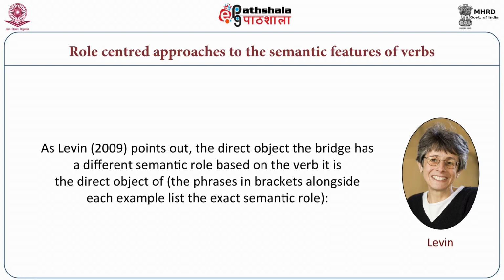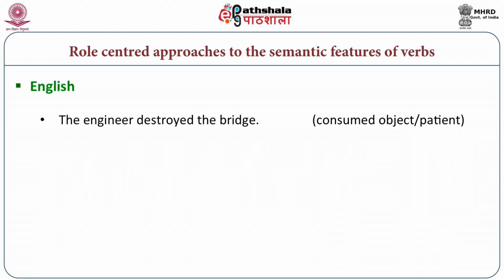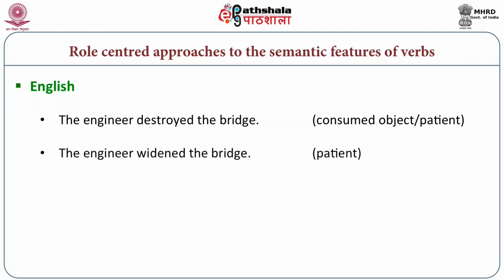As the work of Beth Levin has shown, the direct object, the bridge, in the following sentences has a different semantic role based on the verb that selects it. So, the engineer destroyed the bridge. The bridge is a consumed object or a patient. In the engineer widened the bridge, it is just a patient. In the engineer moved the bridge, it is a theme.